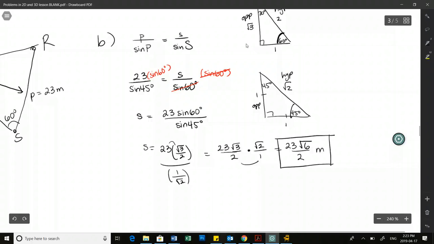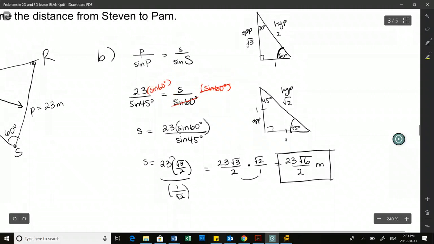Maureen? Why was it root 3 over 2? Because the exact value of sine of 60 from our special triangle is opposite over hypotenuse, which is root 3 over 2. No problem. Wait, why is the root 3 by itself now? What do you mean?